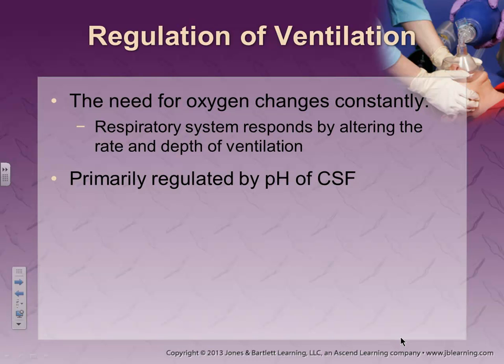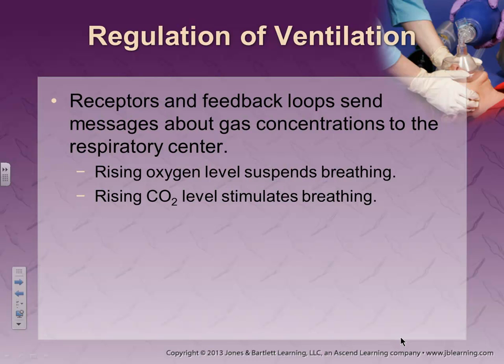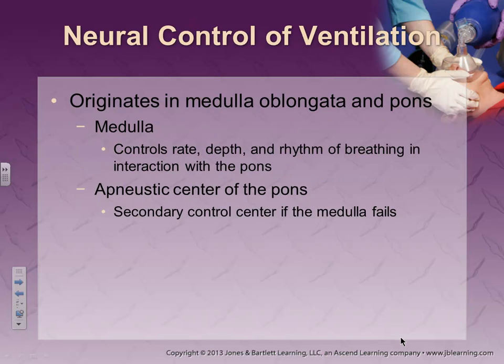Regulation of ventilation. So the chemoreceptors, they pick up on levels of what? CO2. They look at the levels of CO2 and oxygen, right? Mainly CO2. The medulla is your primary respiratory control, and then the pons is where the apneustic center is. It's the secondary control. So again, the primary respiratory control center is the medulla.